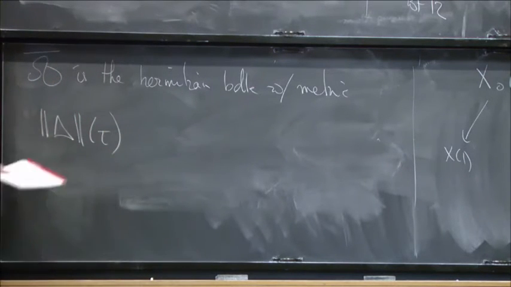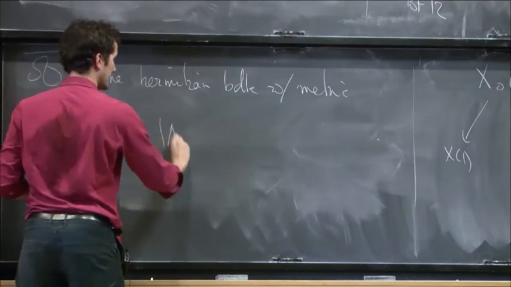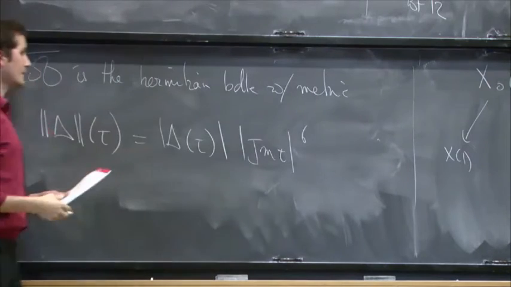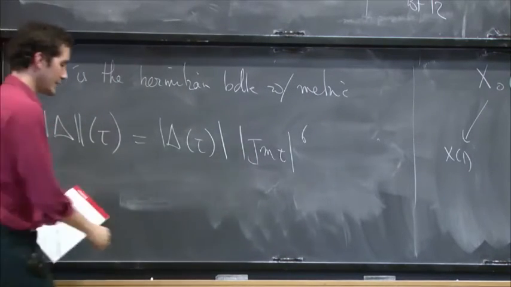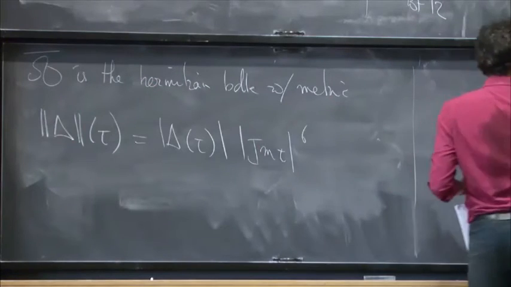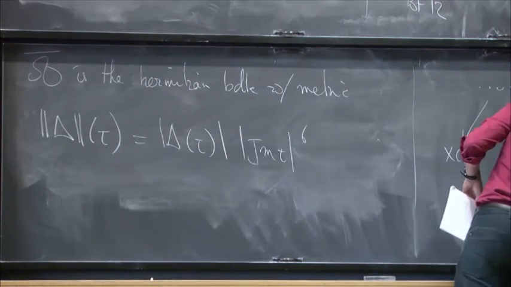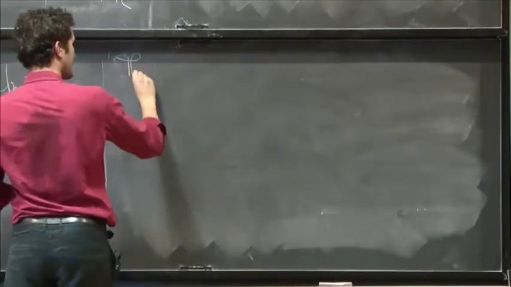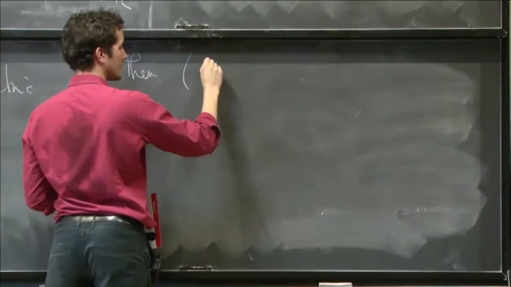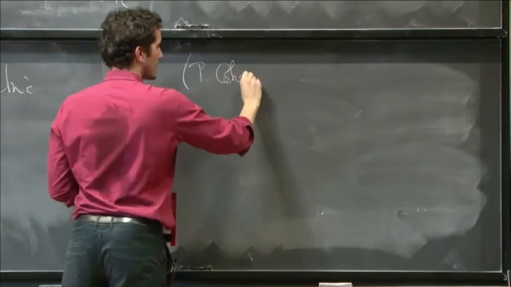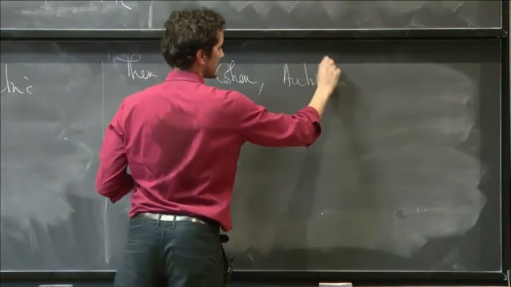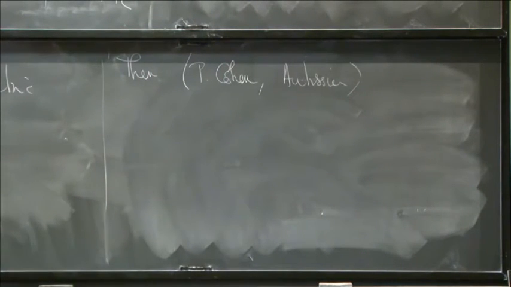And the metric corresponds to this: delta of tau times the imaginary part of tau to the 6. This means that we have a theory of height, and we can compute the heights of divisors with respect to M bar. So I think this was proved by Paula Cohen in that setting, and maybe Pascal Autissier as well has a refinement of this, which computes the height of M bar.